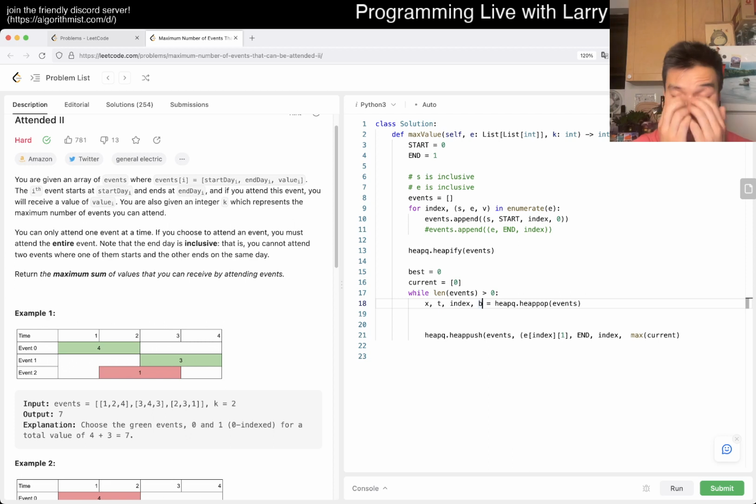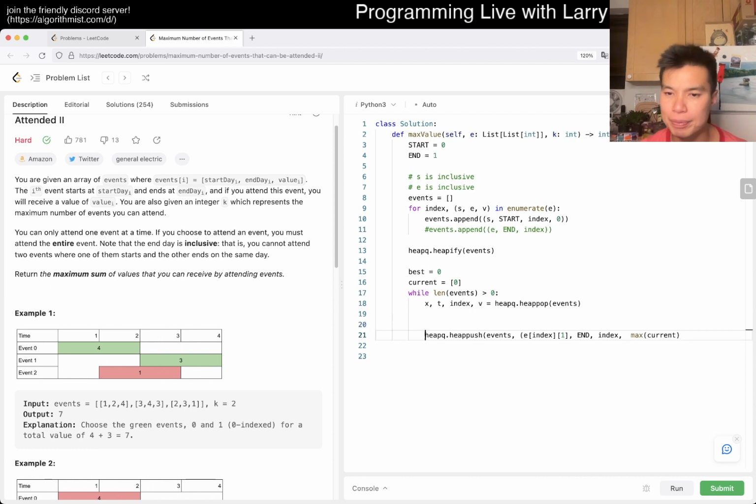So I'm writing this in a way different than I would have written it naturally. That's why I'm a little bit confused about myself. Okay, I think this is right. It's just that this does nothing for a start. That's why I'm a little bit confused. Okay. So yeah.